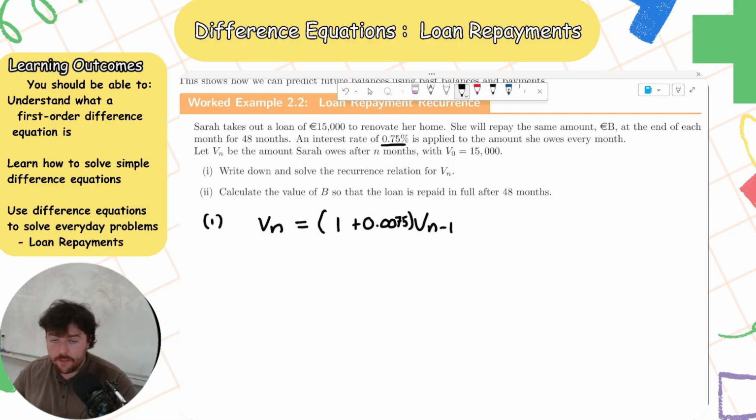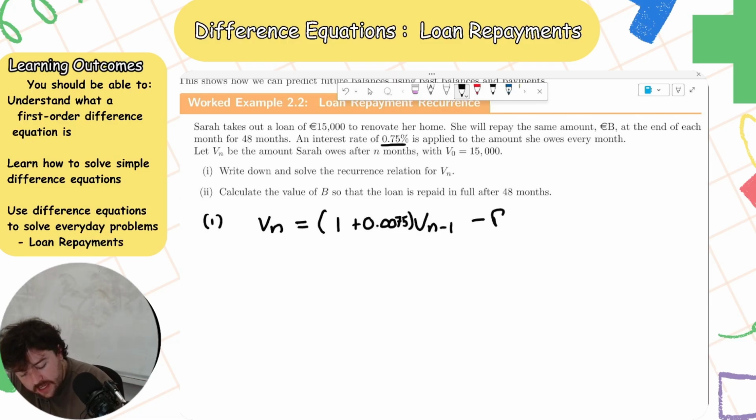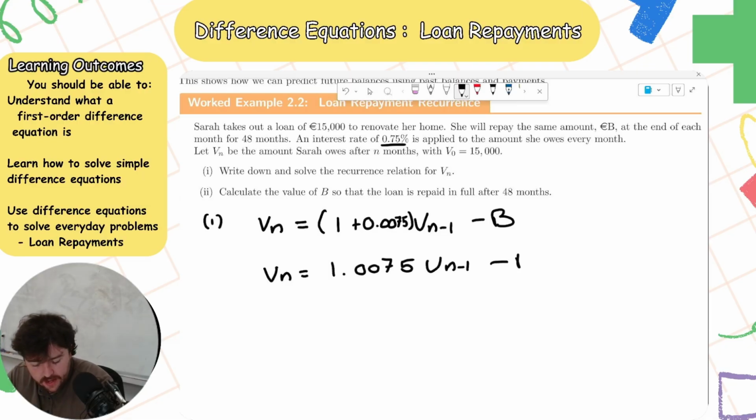It is tremendously small. And then we are subtracting my monthly repayment. So Vn is going to be equal to 1.0075 times the previous month minus B.